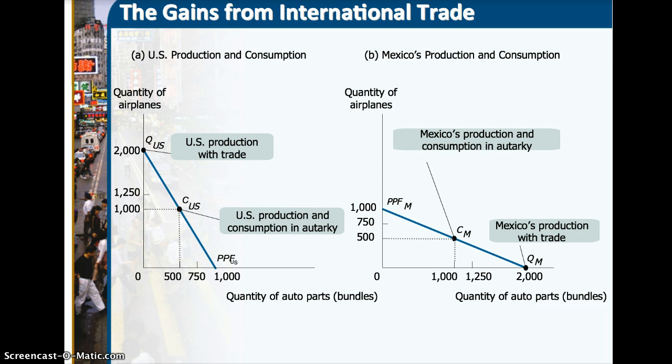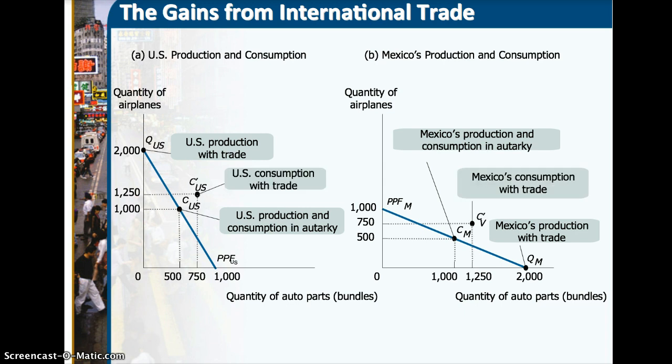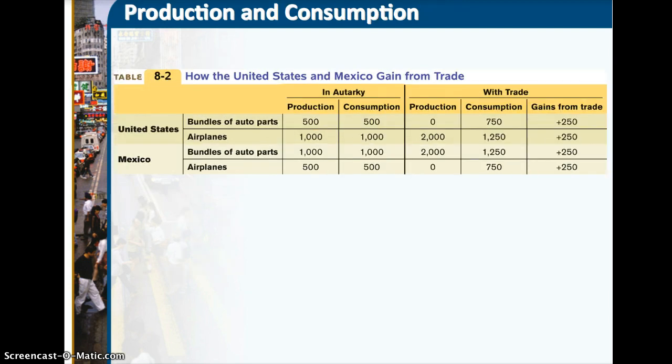The United States can now consume bundle C prime US and Mexico can now consume bundle C prime M, consumption bundles that were unattainable without trade. This table summarizes our findings and confirms that there are gains from trade. 250 more bundles of auto parts and 250 more airplanes are produced when the United States and Mexico specialize in trade.